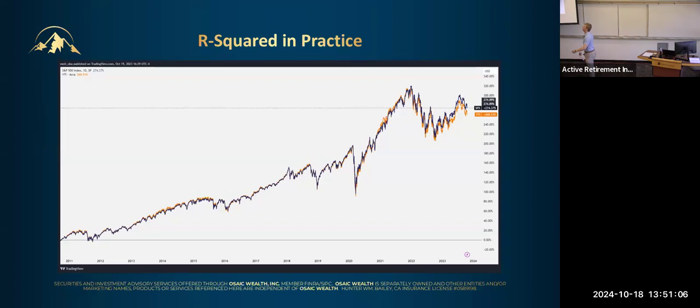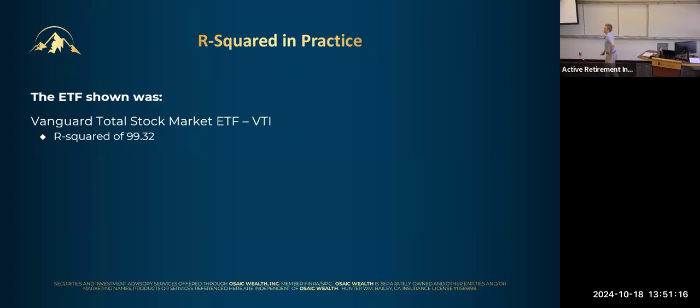Again, proving the point that these total market funds that are market cap weighted are completely explained by movements in the S&P, if not maybe just by the Magnificent Seven. So you have that total stock market ETF, which again has a super high R squared, even though it has thousands of holdings, and the S&P 500 has maybe 503 or 505, something like that.